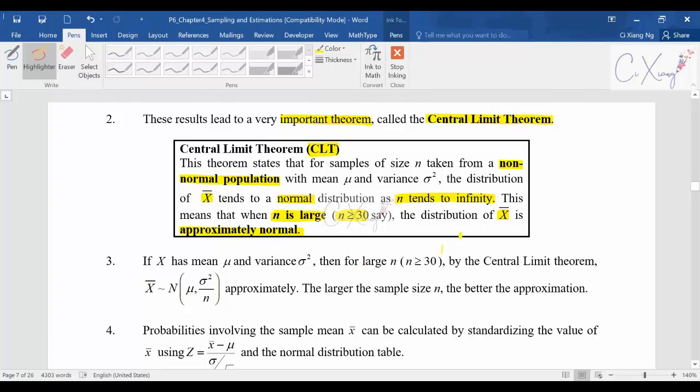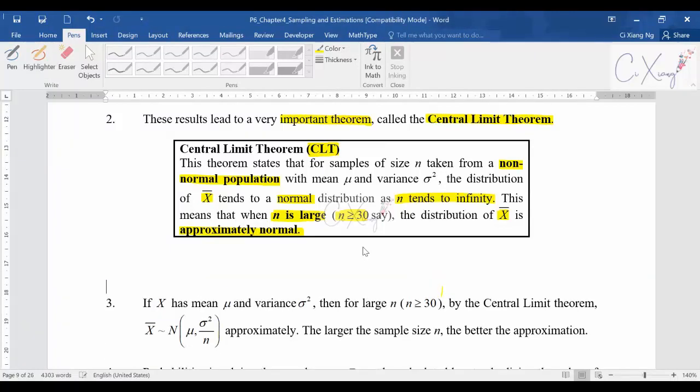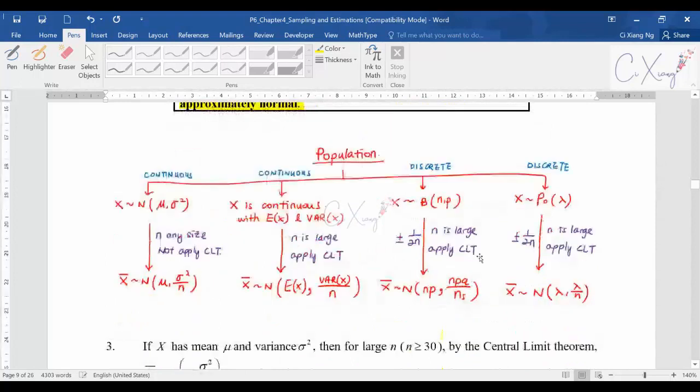Now, do you still remember that in the previous video I showed you one summary for this whole chapter? This is the summary that I showed you. Last week, we already discussed the first case where our population is normally distributed.